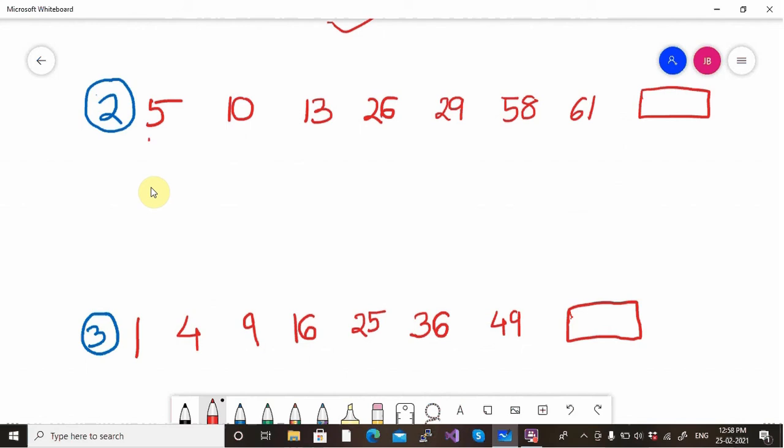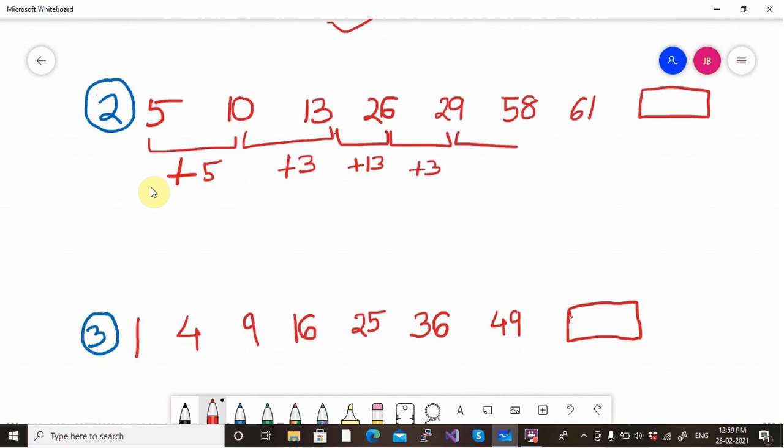We can obviously see here it is adding. 5 plus 5, that is 10. 10 plus 3, that is 13. 13 plus 13, that will be 26. 26 plus 3, that will be 29.